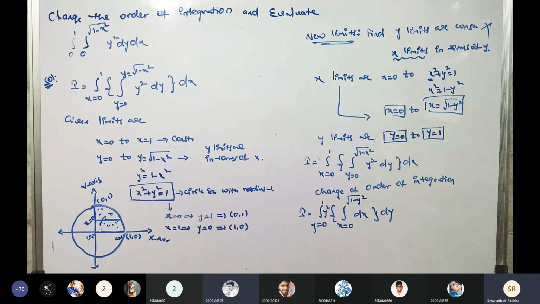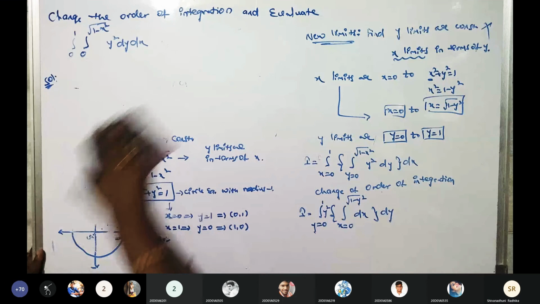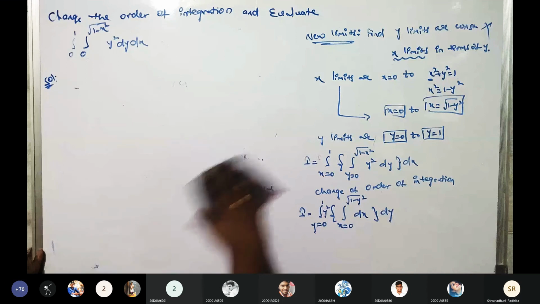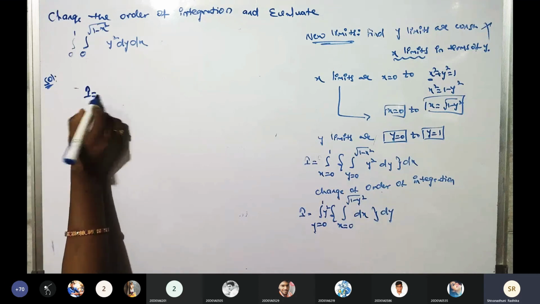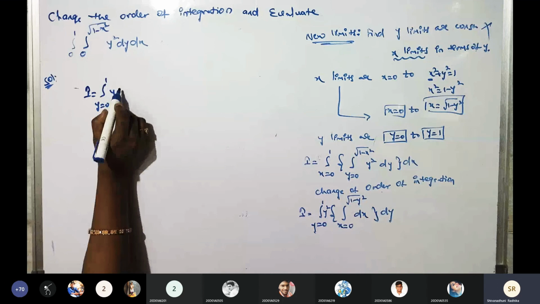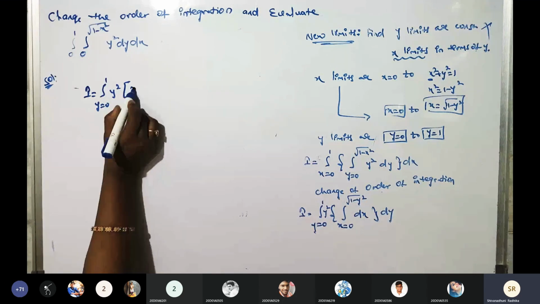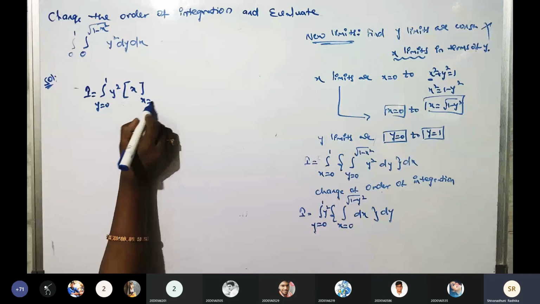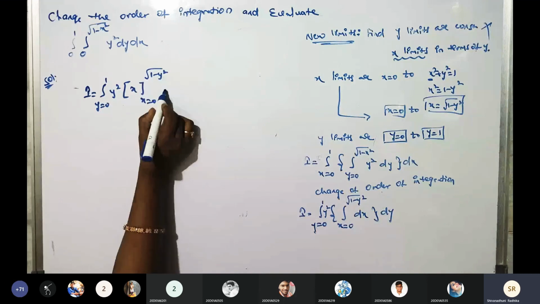It's now completed, all of you. Now we have to evaluate this integration. See here, I am going to write this integral again. Integration y equals 0 to 1 y square into integration of dx, which is x, with limits 0 to under root of 1 minus y square, into dy.